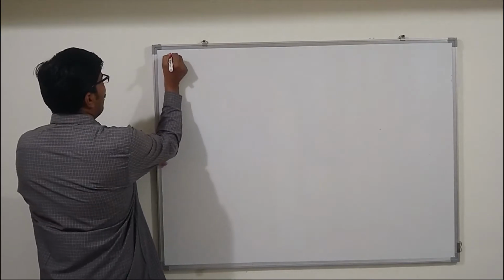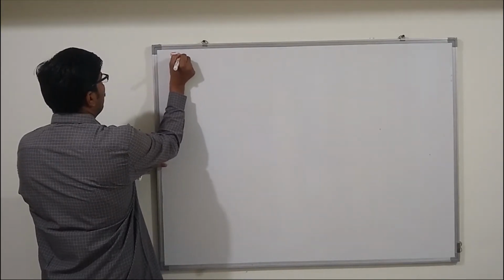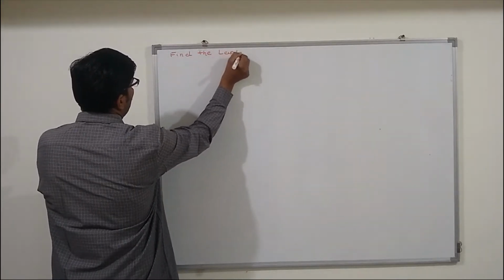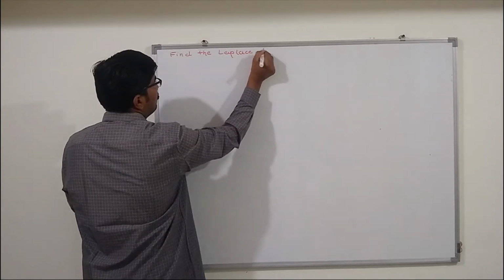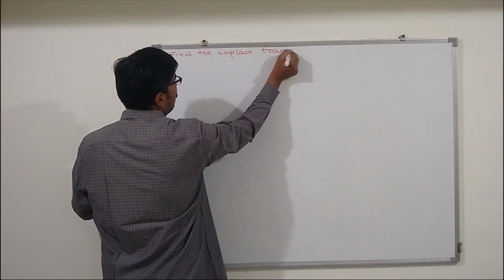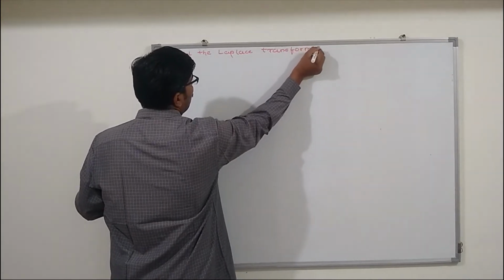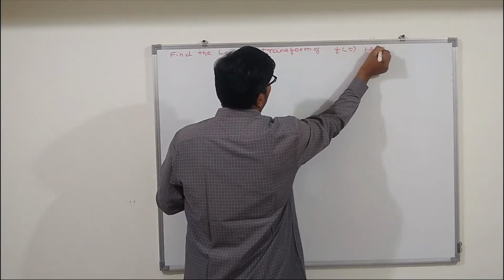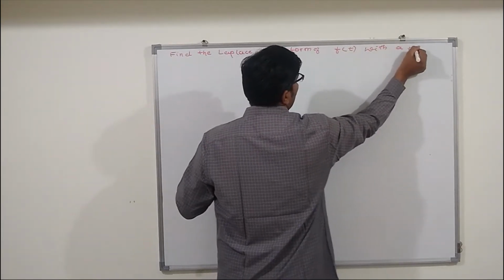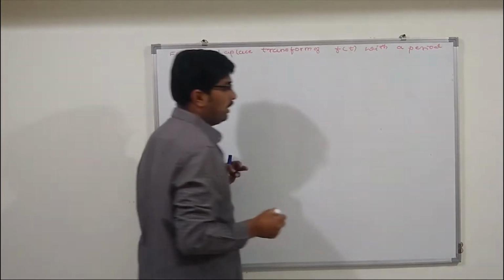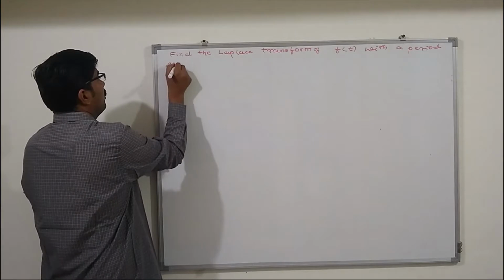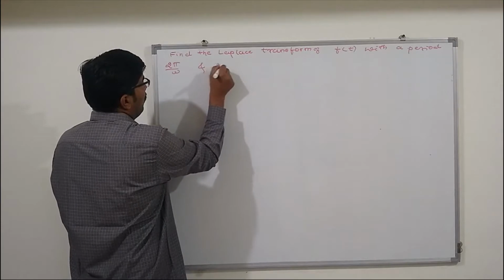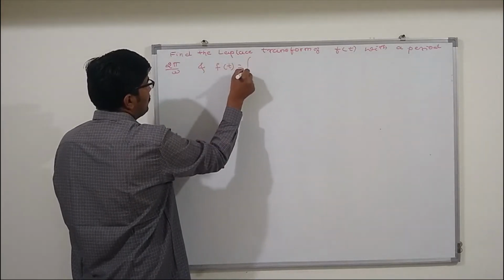Find the Laplace transform of f of t with a period 2 pi by omega, and f of t has two functions.